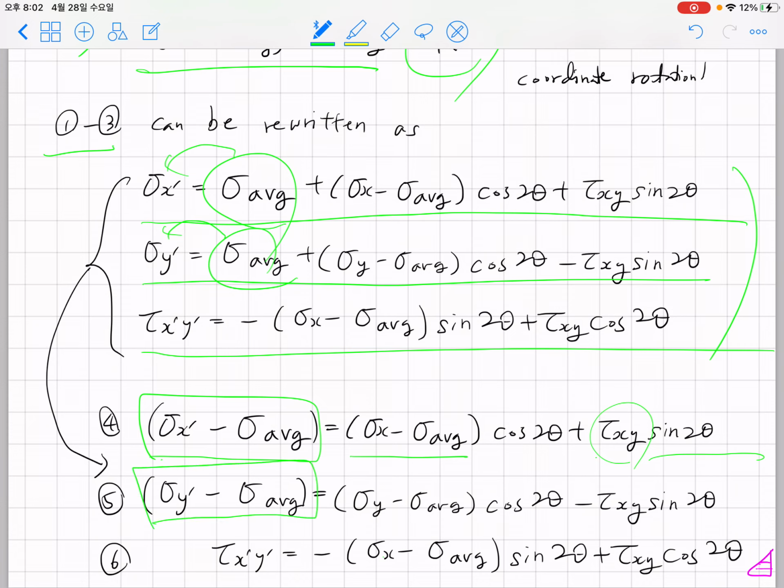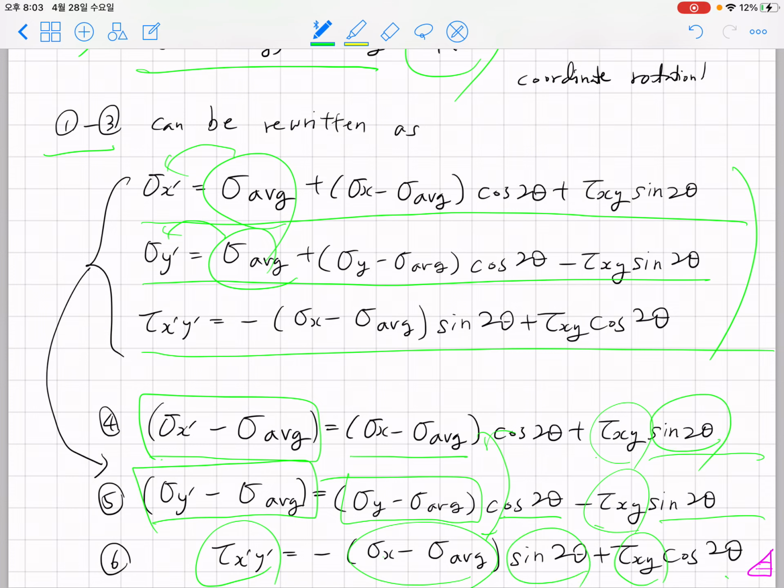You have another term, something similar, with cosine 2 theta minus tau xy sine 2 theta, and you have tau x prime y prime equal to another similar term, with tau xy cosine 2 theta. You have a sine 2 theta here with a negative sign, and you have a cosine 2 theta here as well.